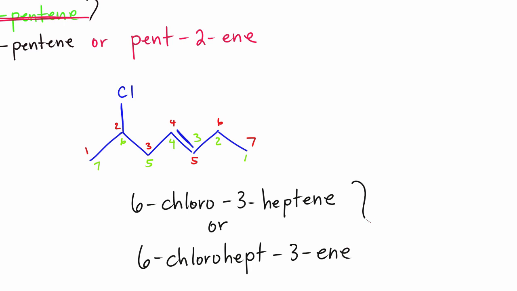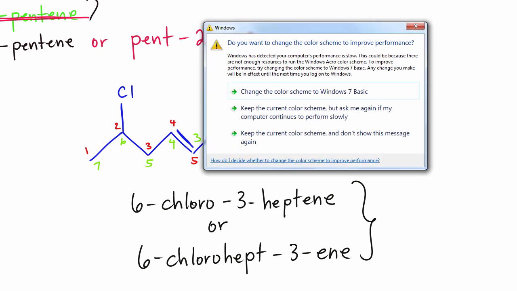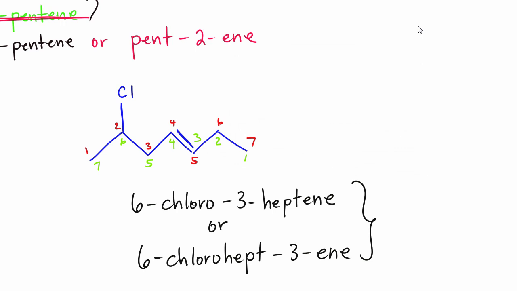Both of these are the exact same compound. Okay? So even though I have added a substituent, we still have to go through the pathway that gives us the double bond at the lowest number. Okay?